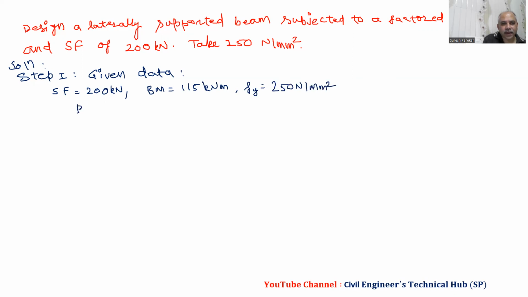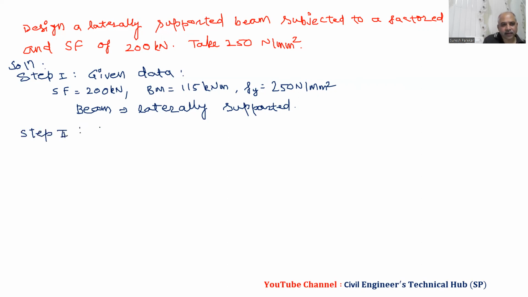And we have beam laterally supported. So for laterally supported, we have two clauses, 8.2.1 or 9.2.